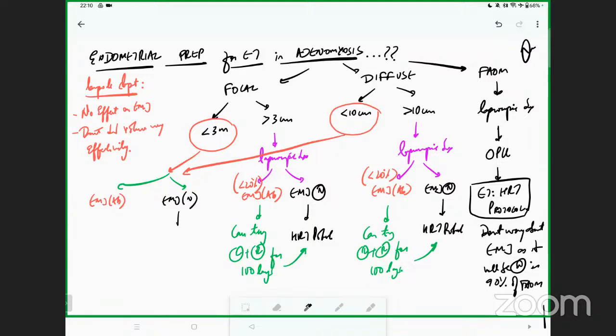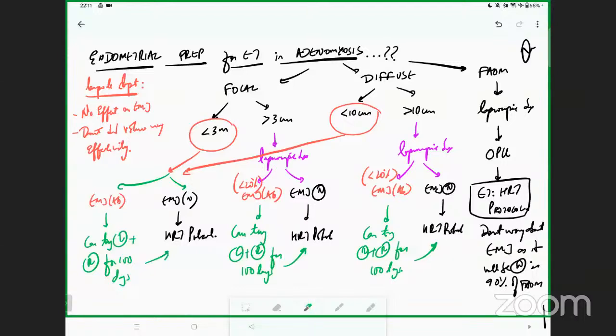If it is normal, we already know standard HRT protocol. If it is abnormal, we already know can try letrozole plus regestrone for 100 days and then switch to HRT protocol. Correct? Very simple.